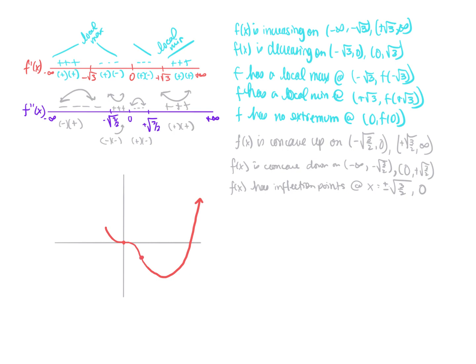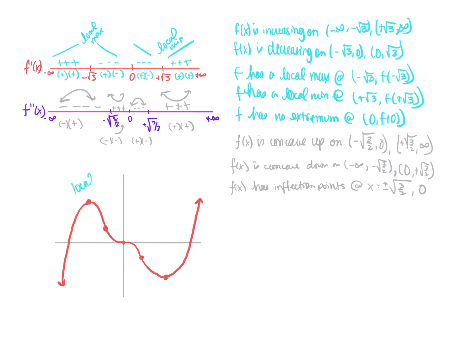So we have an inflection point here, we have a critical point up there, critical point here, and then to the left of negative root 3 over 2, we have it switching concavity to down, and we have a maximum.